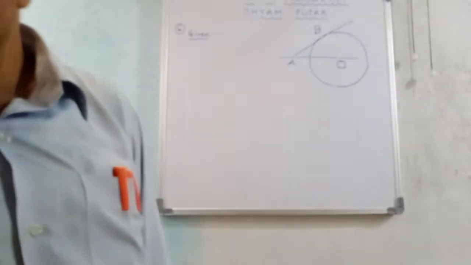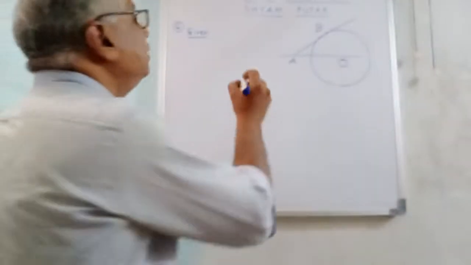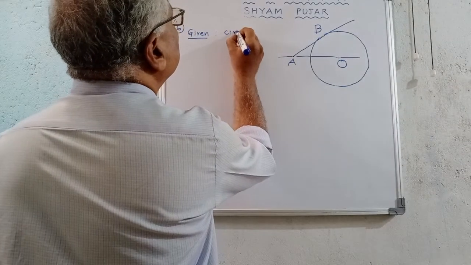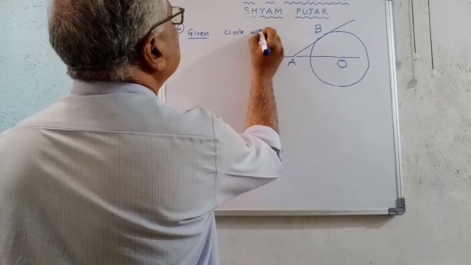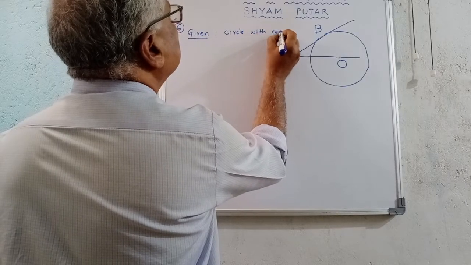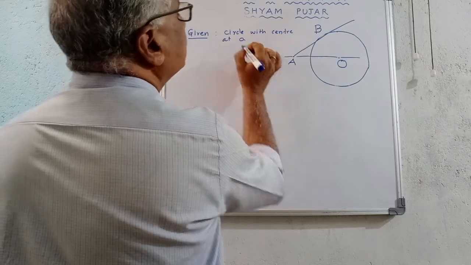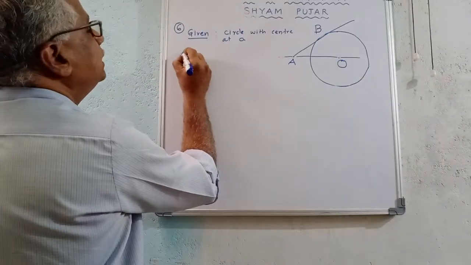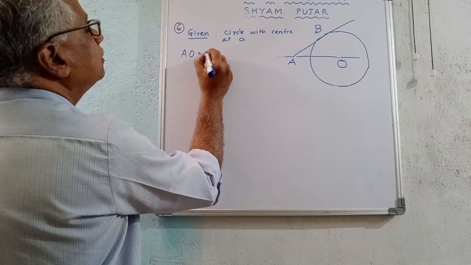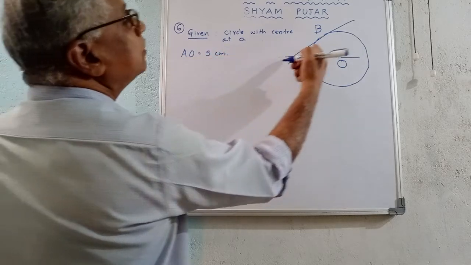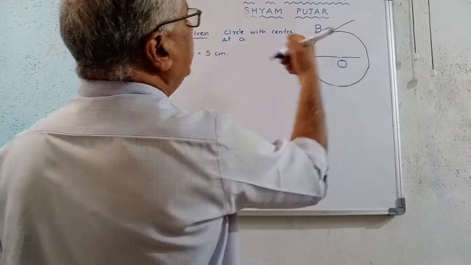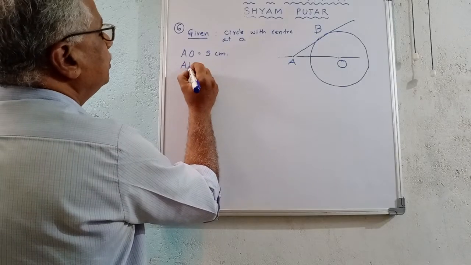We have been given that there is a circle with a center O, and AO is equal to 5 centimeter, and AB is 4 centimeter.